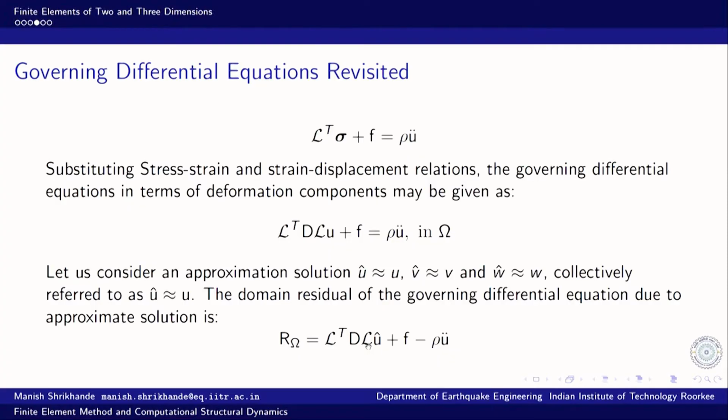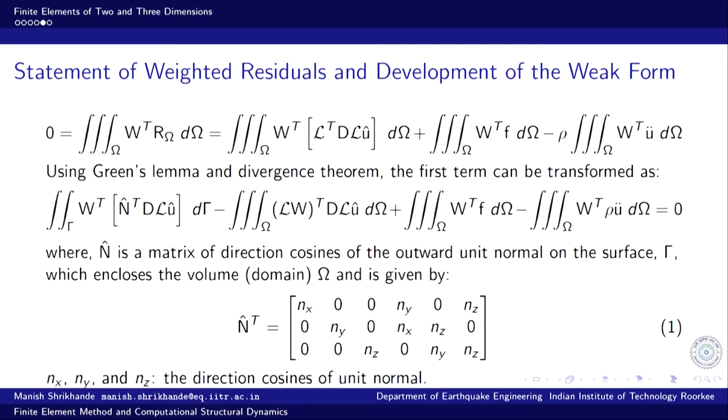We first estimate the residual or the error of approximation, and then we develop the statement of weighted residuals, and develop the weak form of that statement. So, this is the weighted residual statement.